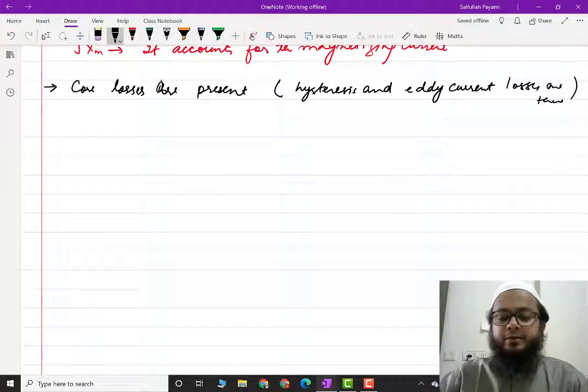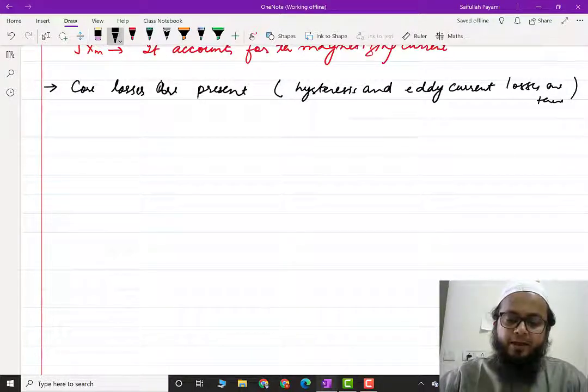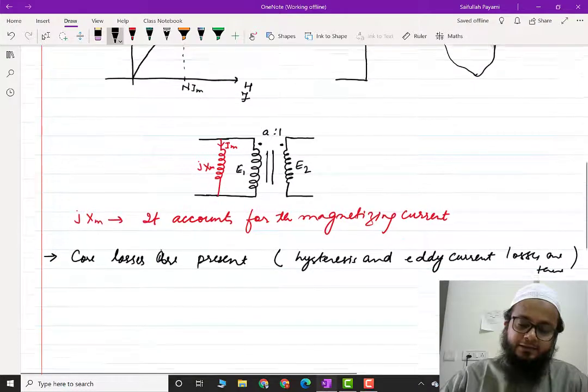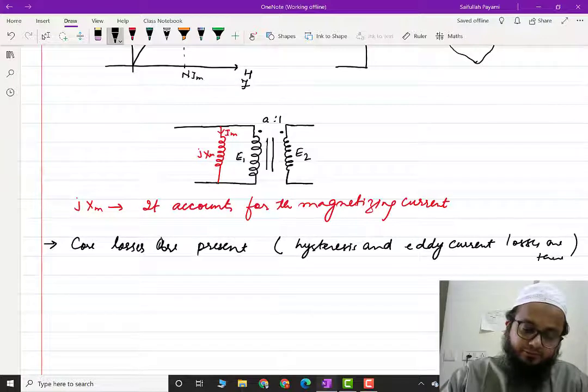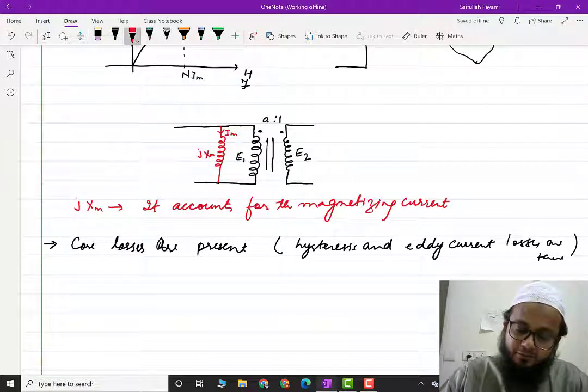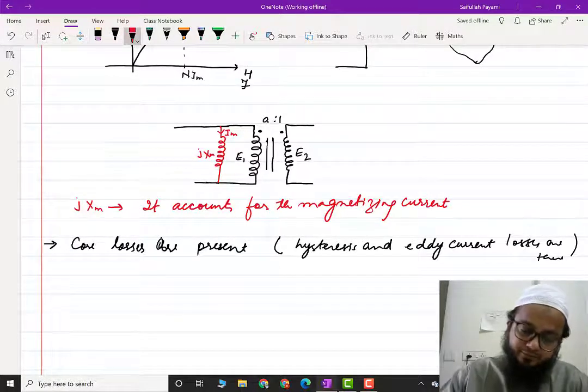But they were dependent upon the magnetic field. And the magnetic field in a ferromagnetic core depends upon the applied voltage, right? So what we can say is that core losses are resistive losses. Now we will modify the circuit further.